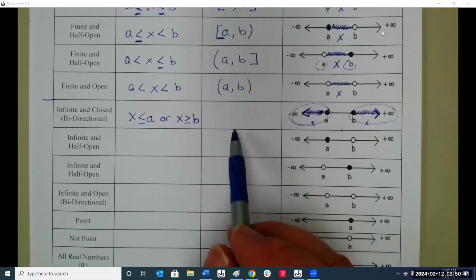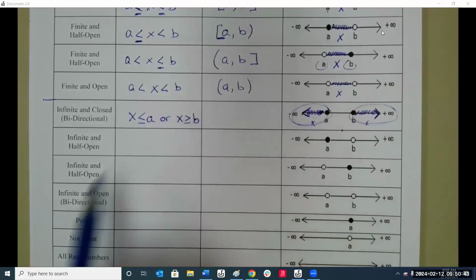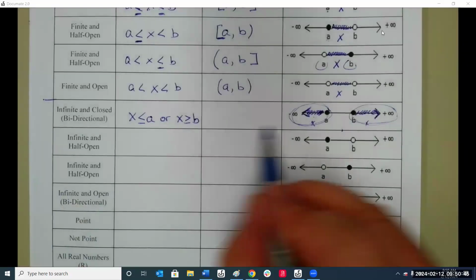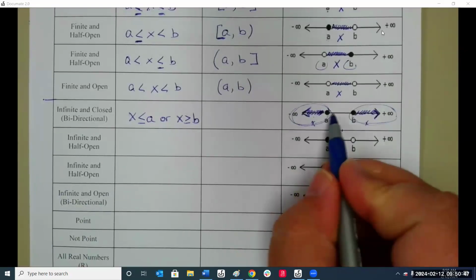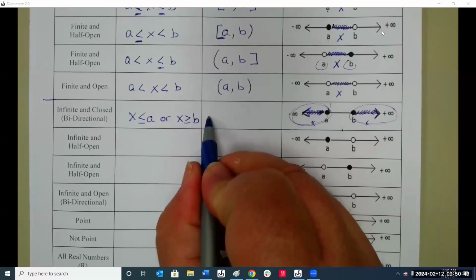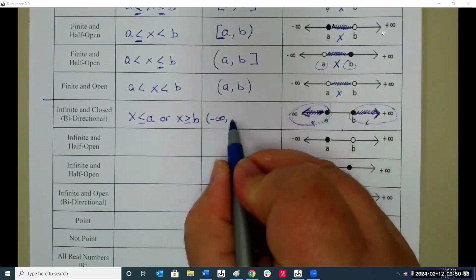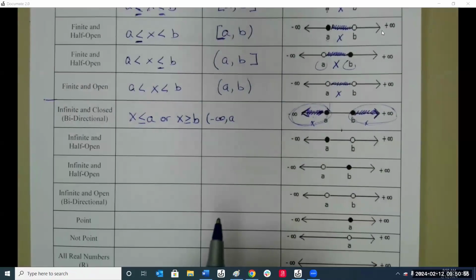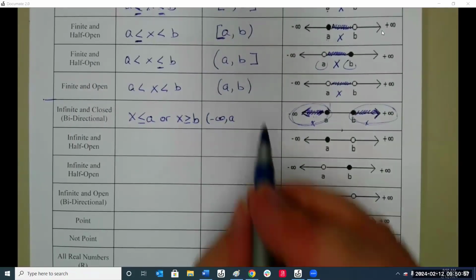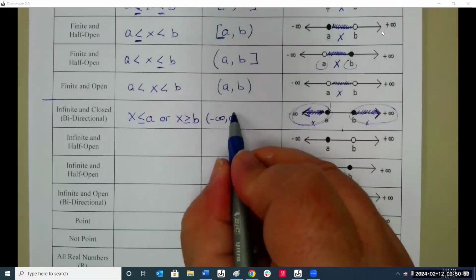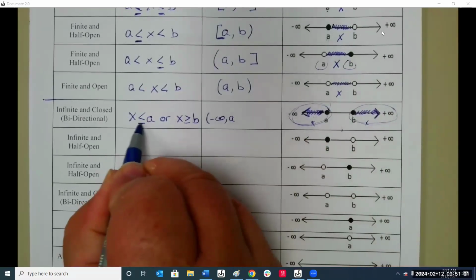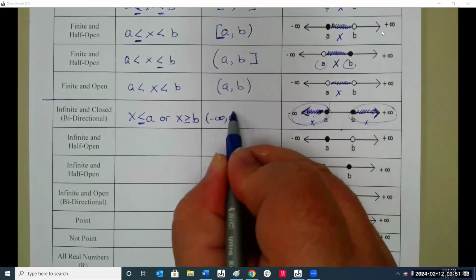The interval notation will have two sets also. Remember, for this first set, we go from negative infinity all the way to a. Is a bracket or parenthesis? Because it has a line, it's a solid dot. It's a bracket.